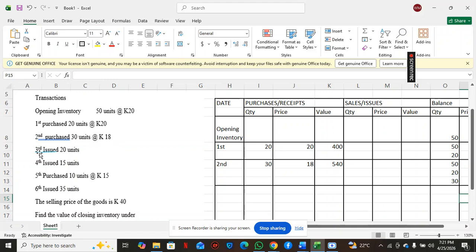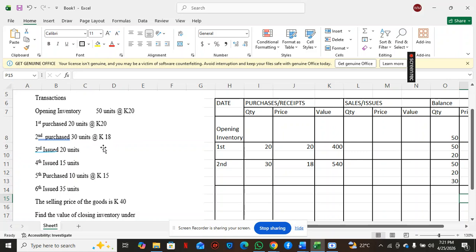Then on the third, issued 20 spare parts. As I said, other times you're going to see sales. Whenever there is an issue or a sale, you value the spare parts at cost. Why? Because we're not tabulating the gross profit; we want to get our cost of goods sold.